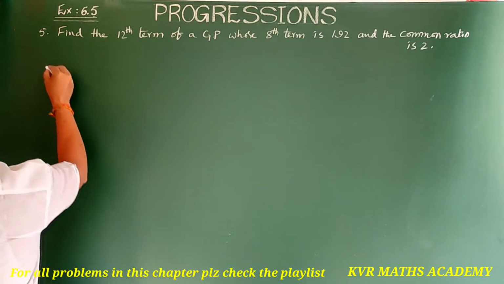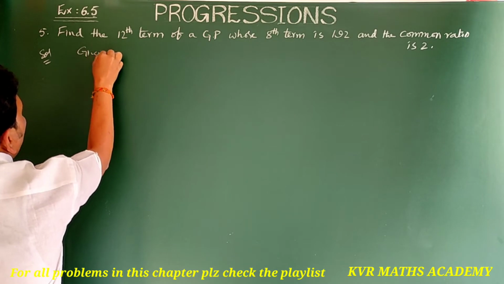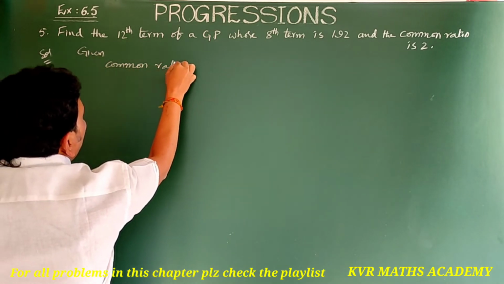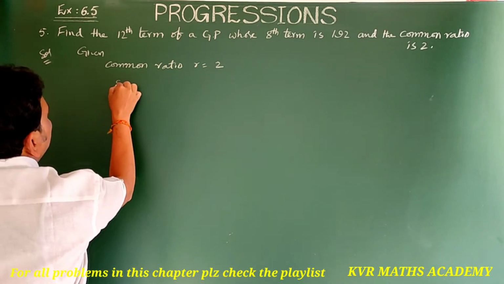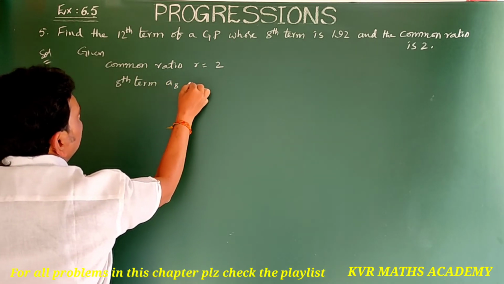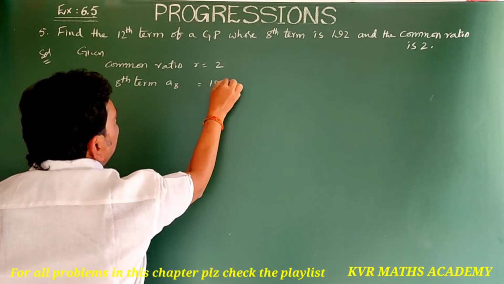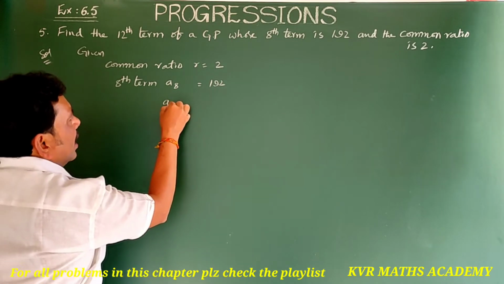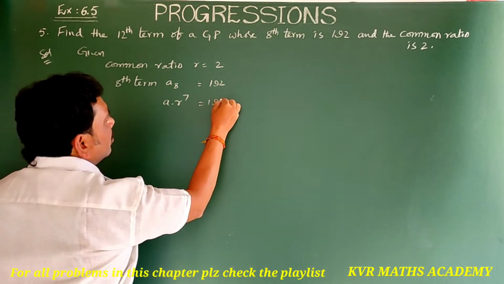Solution. Given common ratio r is equal to 2 and eighth term a8 is equal to 192. a8 means a into r power 7, so a into r power 7 is equal to 192.